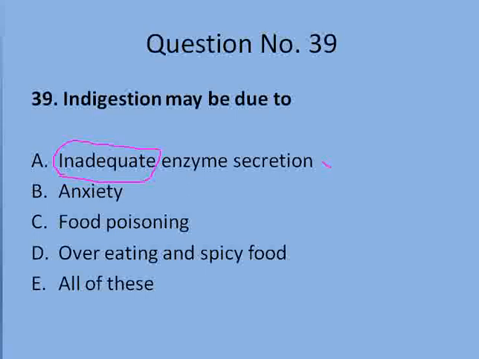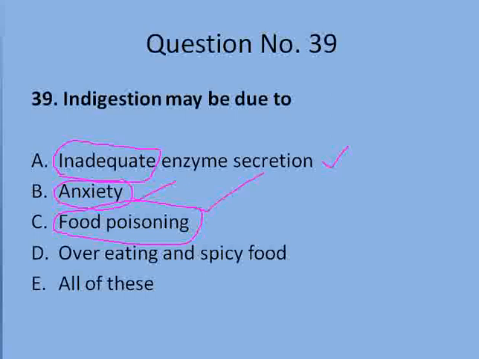It is also a reason. Then anxiety; because of anxiety also, indigestion may take place. And when we take food, sometimes food poisoning may take place, and this food poisoning is also responsible for indigestion.